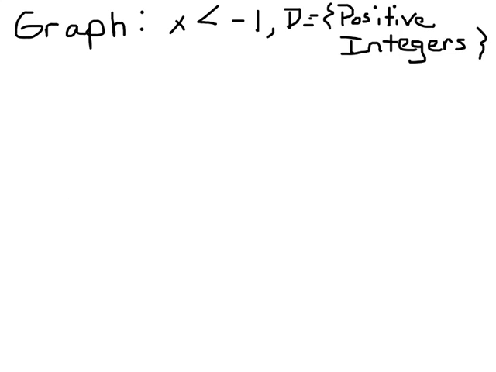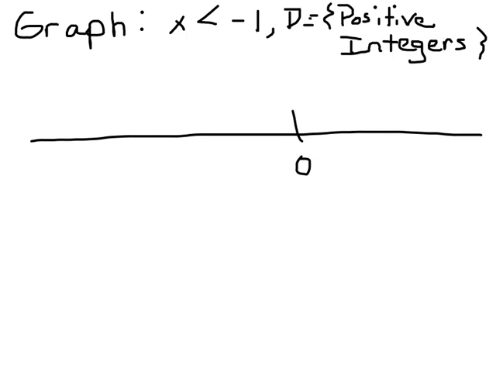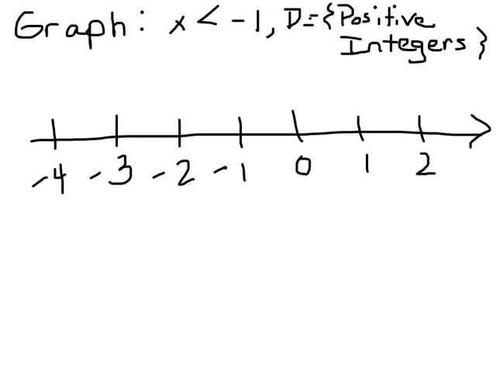Alright, now this one says x is less than -1. So let's draw our number line. We'll put 0 right here. 1, 2, -1, -2, -3, -4. Now, we can only use positive integers. x is less than -1.